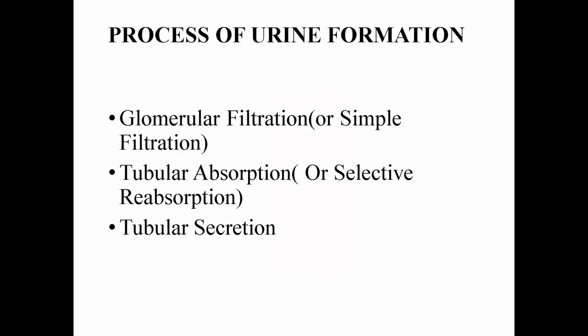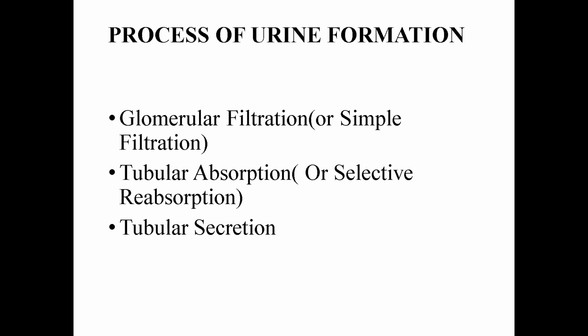Process of urine formation. There are three processes that are involved in urine formation. So blood flows from the aorta through the renal arteries and into the kidneys. Okay. So in the glomerular capsule, this is the area of filtration, and this is because there is a difference between blood pressure in the glomeruli and the glomerular capsule.